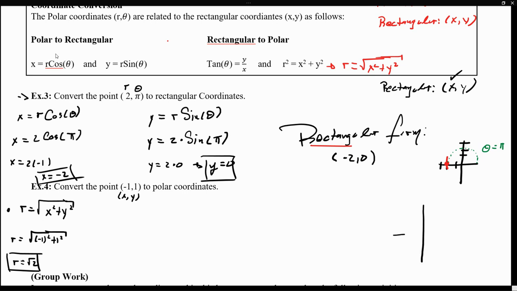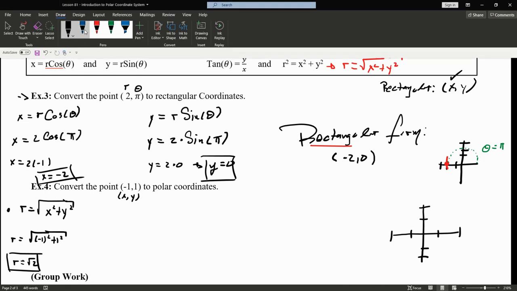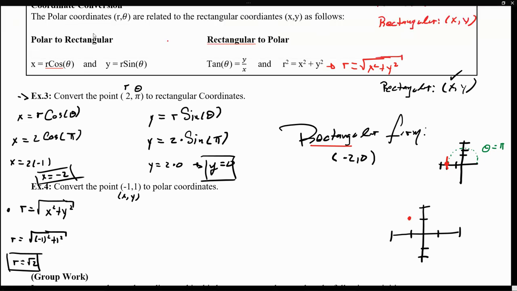Let's visualize where my point is located. -1 comma 1 is exactly here. Therefore, I can think about this as if it was some kind of right triangle.